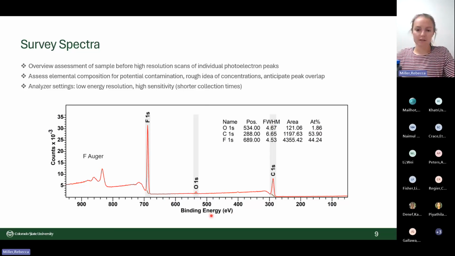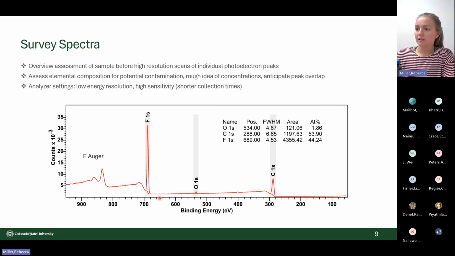Let's say you have a salt on the surface of your sample, but you know you want to just analyze carbon and oxygen, those other elements might complicate the carbon and oxygen peaks. And if you just honed in on those initially as high resolution spectra, then you're left without some information about how to analyze the system or the sample.